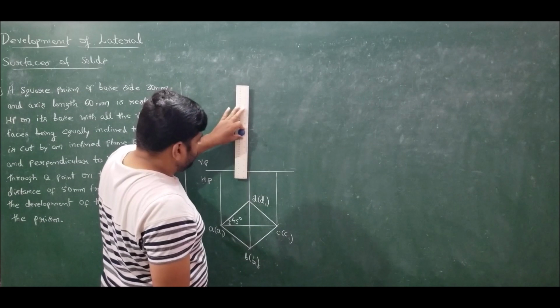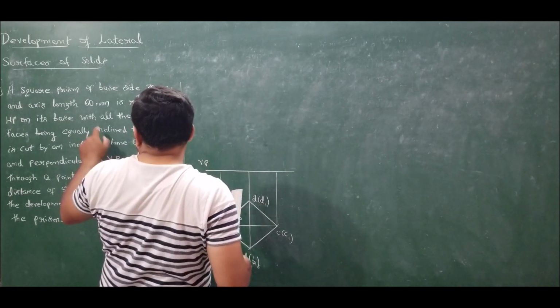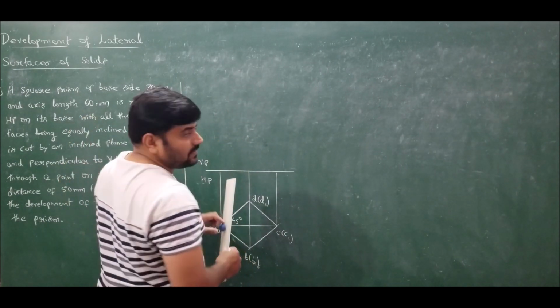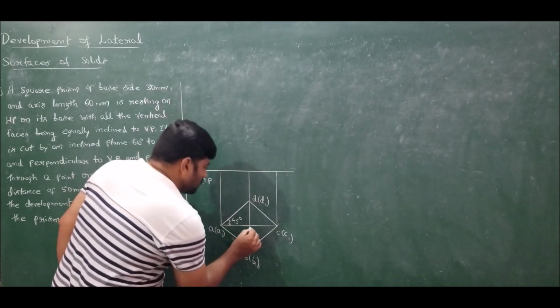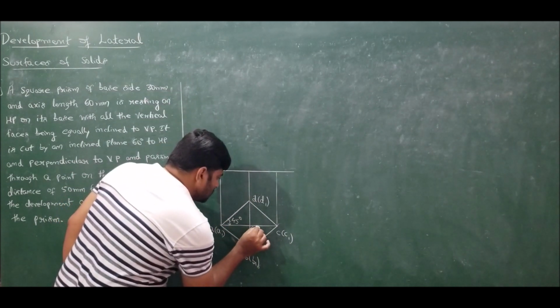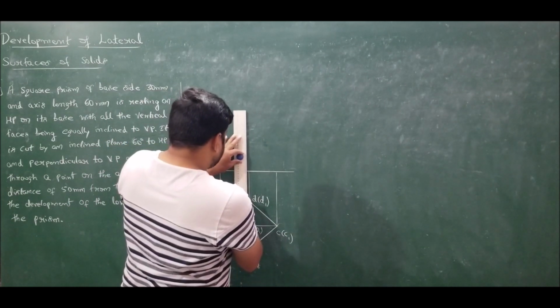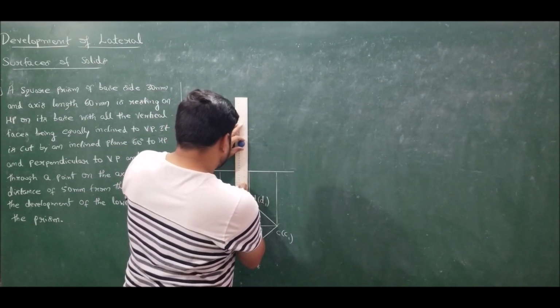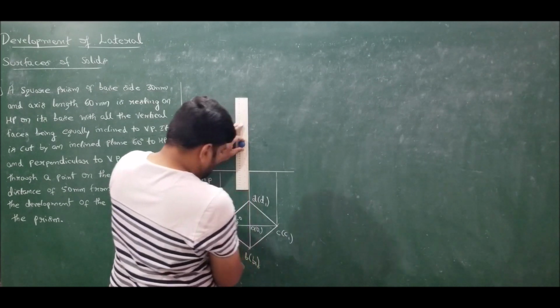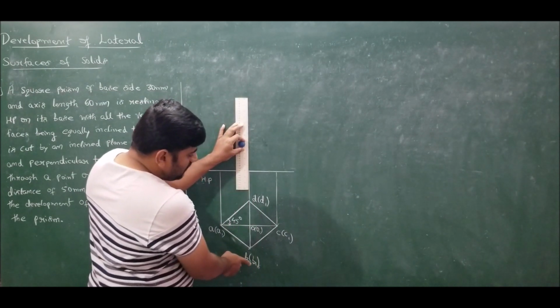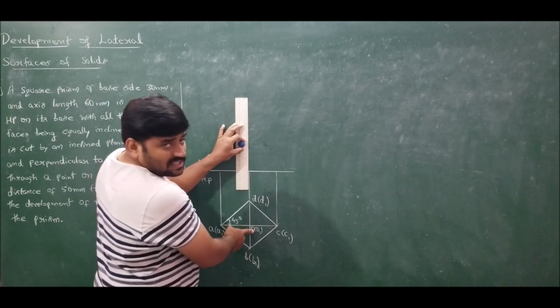We know the vertical height. The vertical height, that is axis length, is given as 60 mm. So here we will be having the axis as O1. For prism, the longer edges are parallel to the axis. The longer edge BB1 is coming in front of axis O1.